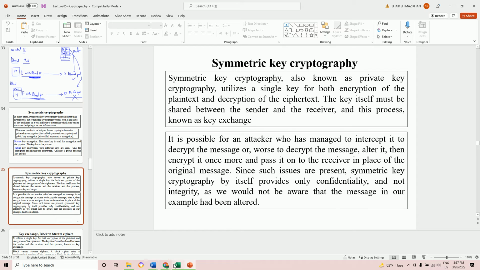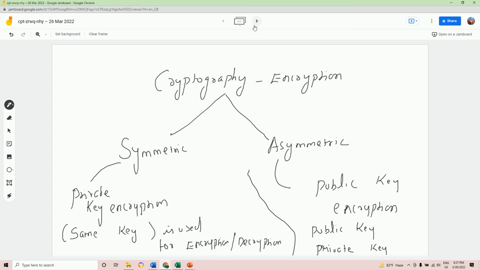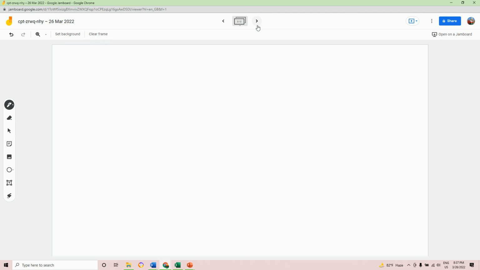Okay, so what is given here? Let me explain. Now you take a message, and this message you can encrypt. We are discussing the symmetric encryption technique.